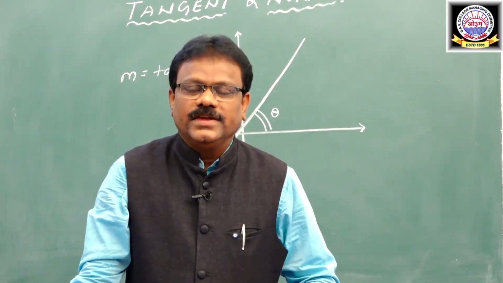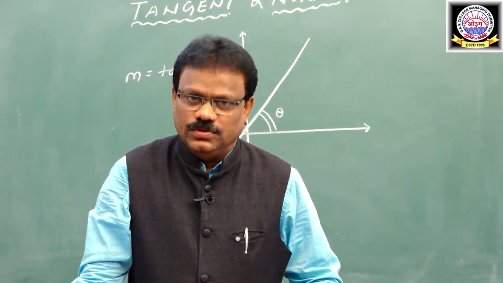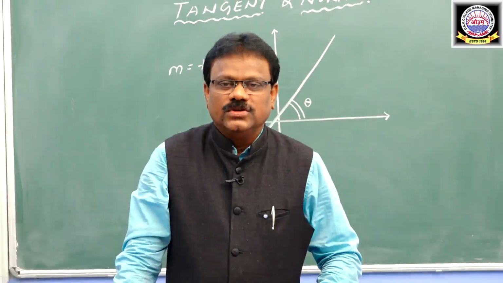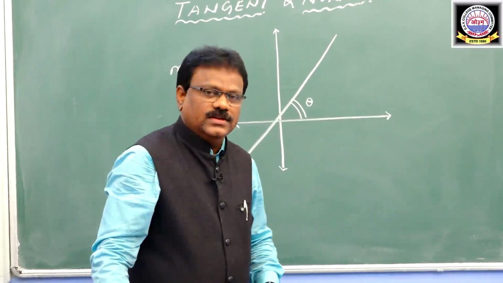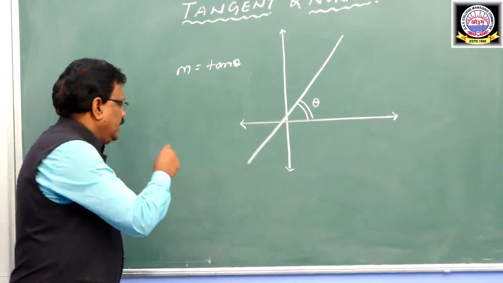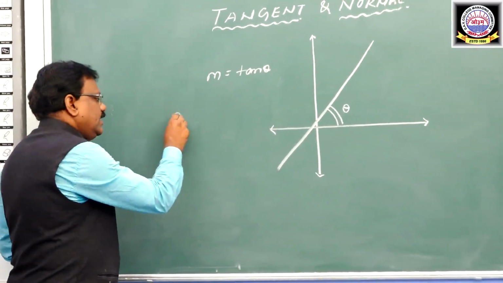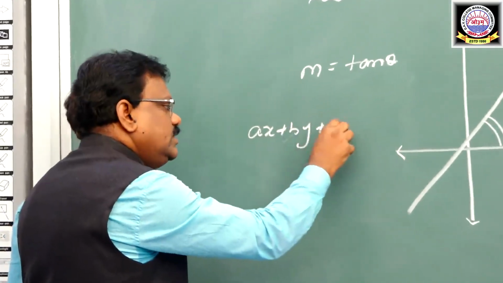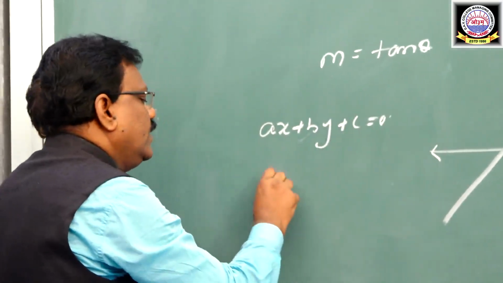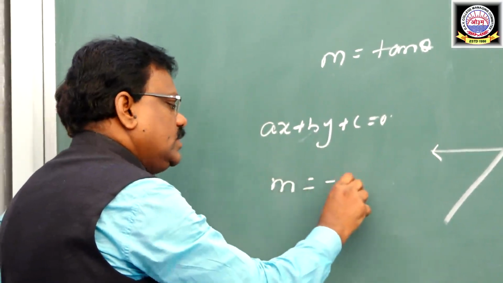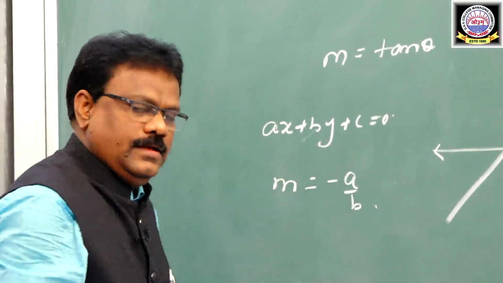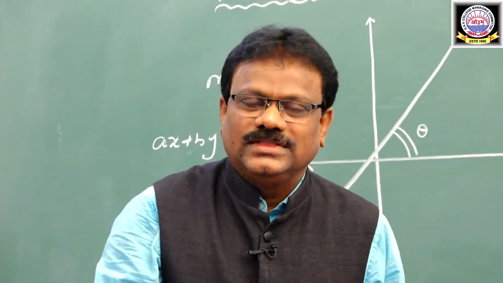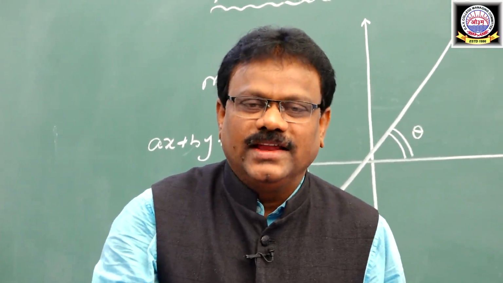If the equation of any straight line is given to you in the form ax plus by plus c is equal to 0, then the slope is minus a by b. That means we know three ways to get the slope.